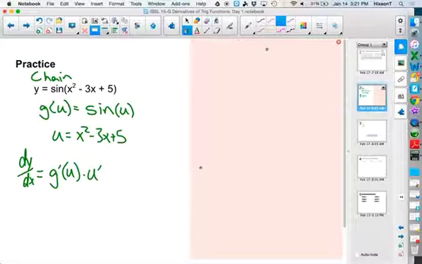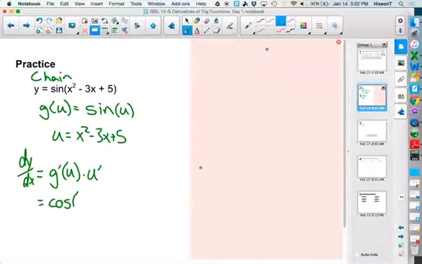The key here is when you take the derivative of the outer function, what is g prime? What's the derivative of sine? Cosine. So when I do the cosine, notice it's still u inside of it.